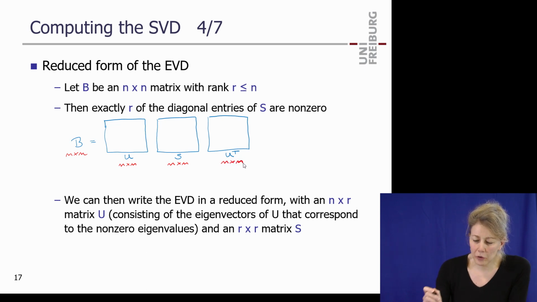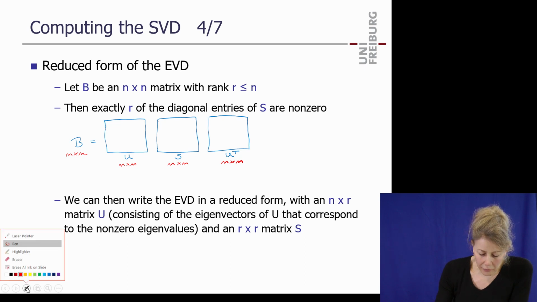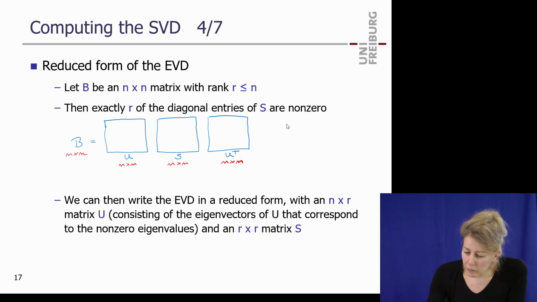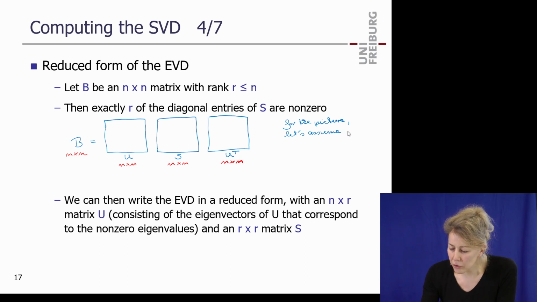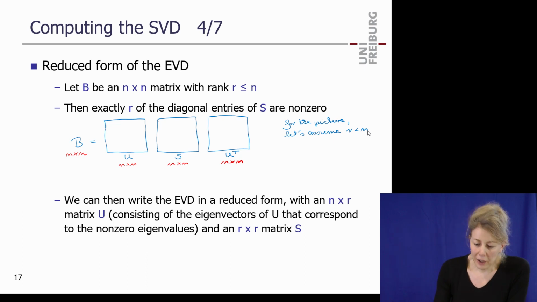And now let's assume R. For the picture, let's take a smaller rank, just so that the picture is interesting. So R is somehow smaller than N.